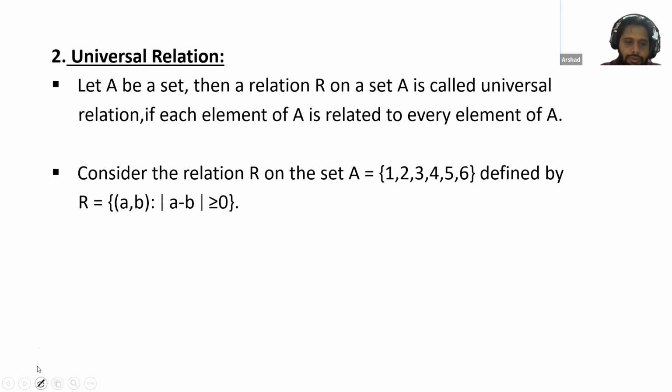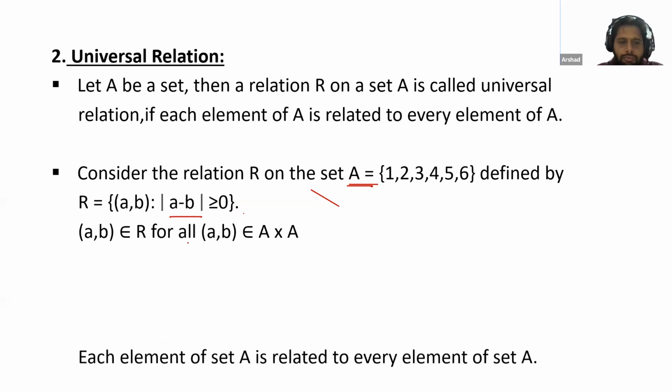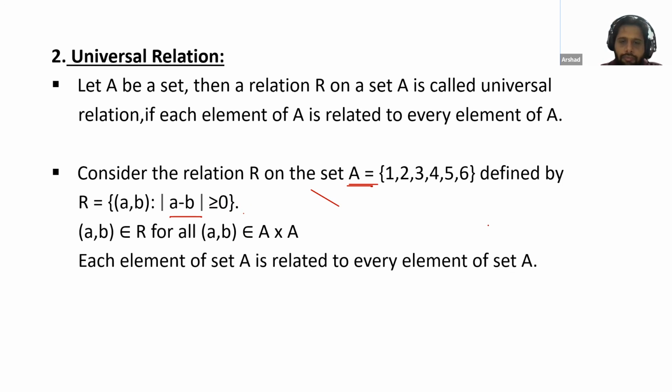Then which value can we choose from this set A that will satisfy this relation? All the values will satisfy. If you choose any value and subtract, as we have a mod, the answer we get will always be greater than or equal to 0. So for example, if we take 1, then 1 will be related with 1, 1 will be related with 2, 1 will be related with 3.